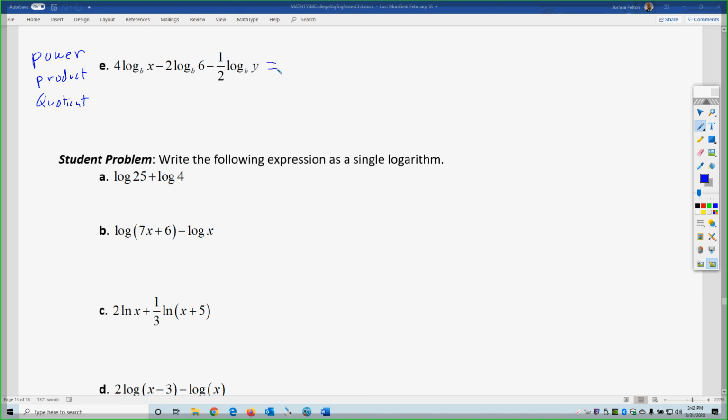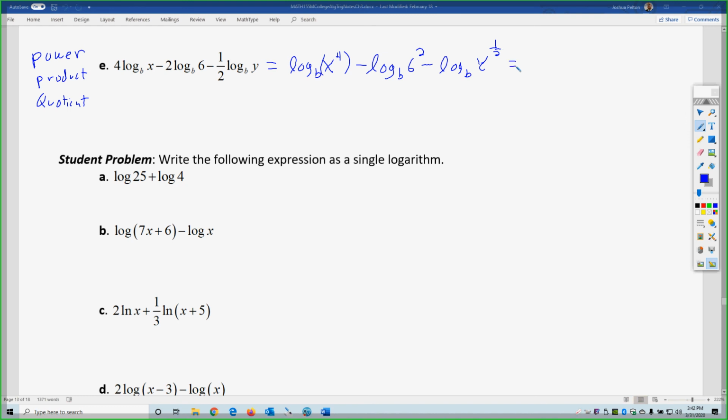We'll bring the 4 up, so that's log base b of x to the 4th minus log base b of 6 squared minus log base b of y to the 1/2. So I'm going to take out the subtraction by factoring it out.